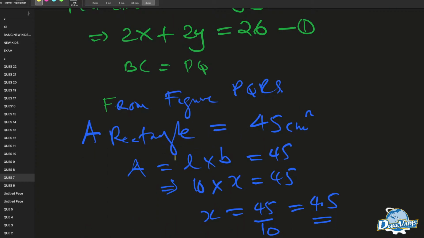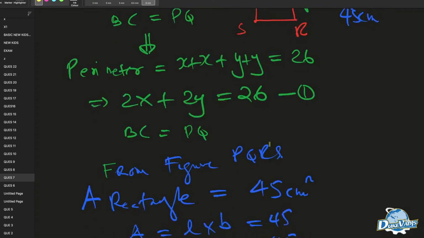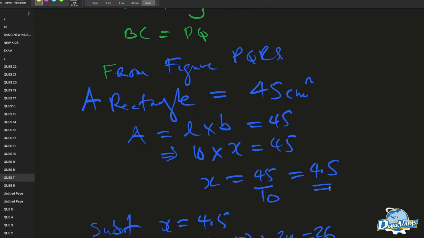We know the formula to find area: length times breadth. So the length times breadth should give us the area, which is 45 centimeters squared. Now we know one side of the rectangle to be 10. So 10 over here, multiplying x, which we don't know. So we make x the subject, we get 4.5.